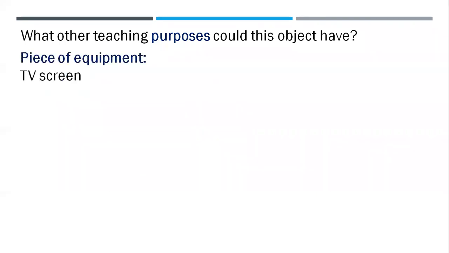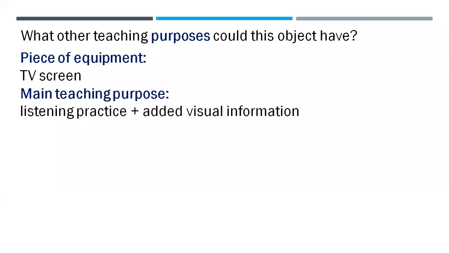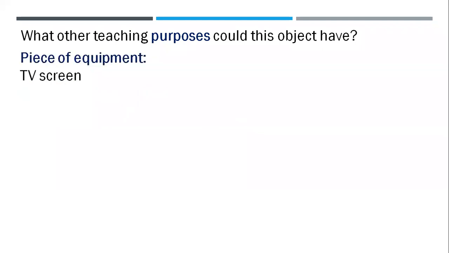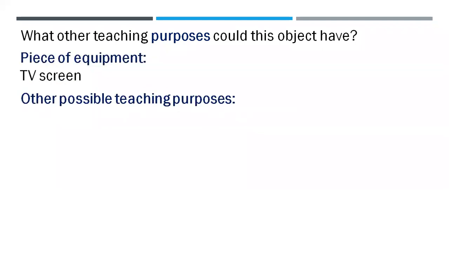Okay, next thing is a TV screen. So typically we use it for listening practice plus added visual information, right? So how else can we use a television screen in your class? Thank you. Well, for information gap tasks, let me explain.